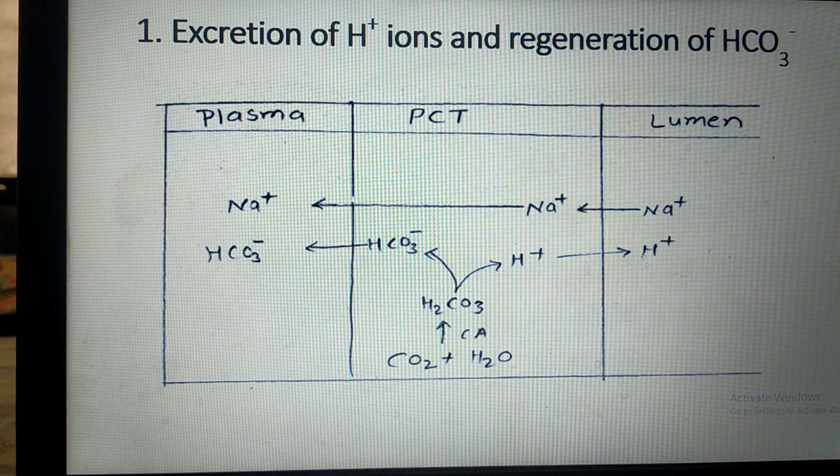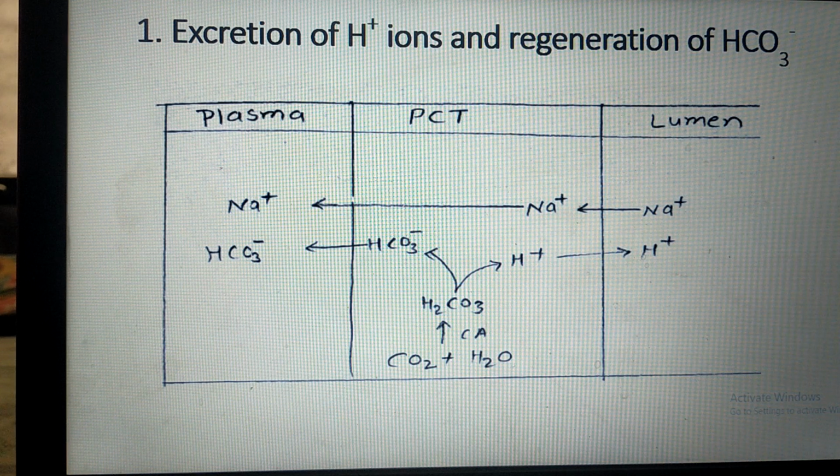In the lower portion of PCT I have shown carbon dioxide combines with water to form carbonic acid in the presence of enzyme carbonic anhydrase, which gets dissociated into H plus ion and bicarbonate ions. The same reaction occurs in the respiratory system, but here see the difference.